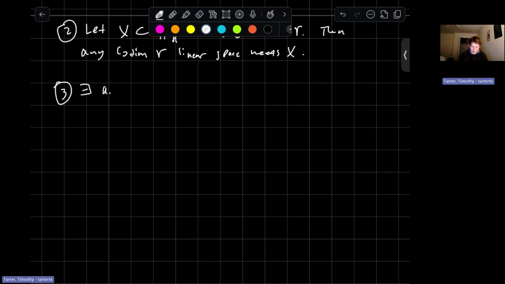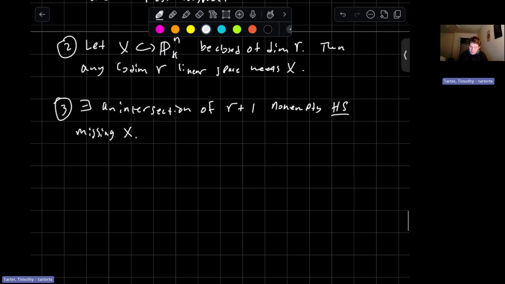Then there exists an intersection of R plus 1 non-empty hypersurfaces, I'm going to abbreviate hypersurfaces as HS, missing X.